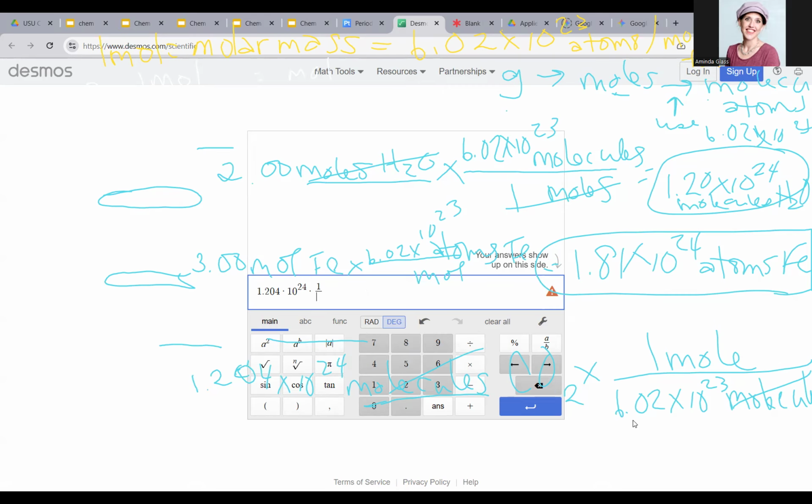Because it's 6.02 times 10 to the 23rd, I need to make sure I have this in parentheses. You don't have to write it in parentheses, but you do need to enter it in parentheses on your calculator. 6.02 times 10 to the 23rd. Close those parentheses. And we click enter.